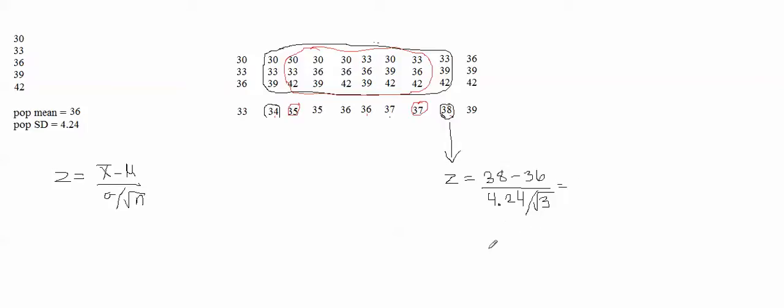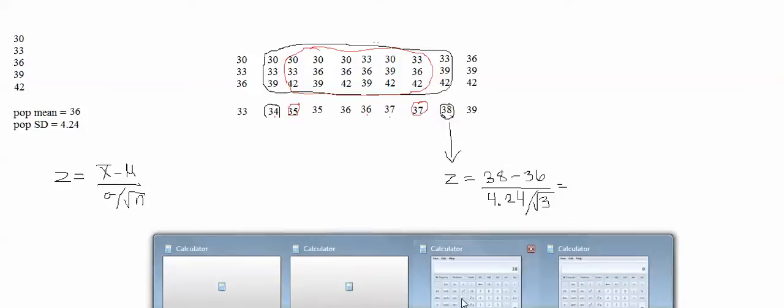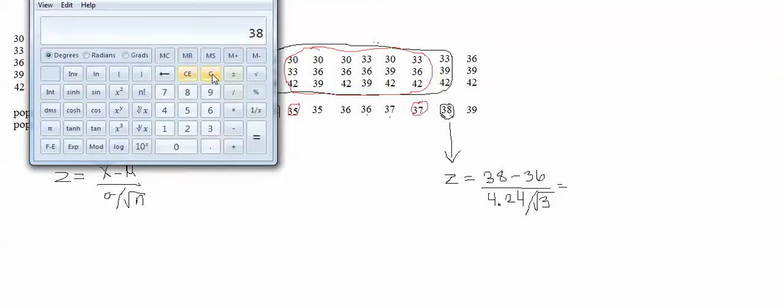Let's see what this equals. First, let's find the square root of 3.